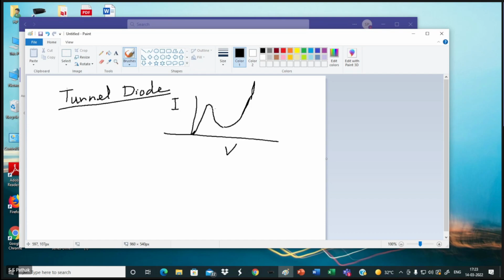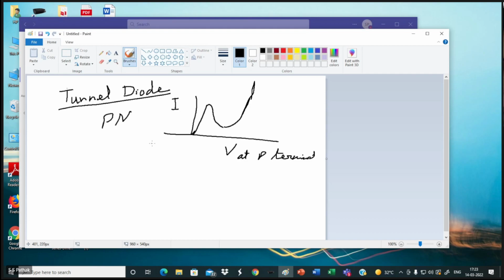So this is your PN junction. A positive voltage is applied at the P terminal and the other portion goes to ground. So a positive voltage is applied to the P terminal, a forward voltage.